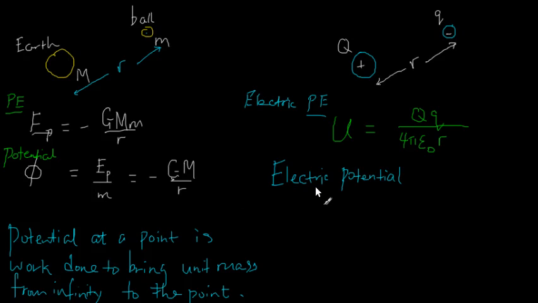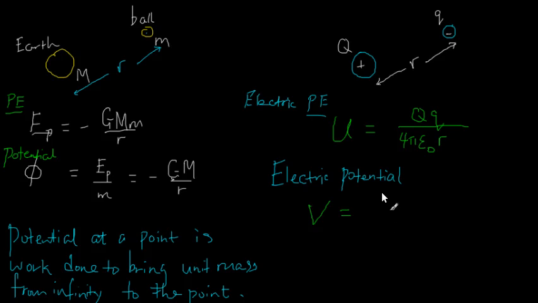In the case of electric potential, it's not the potential energy for unit mass anymore. So what is it exactly? I'll use the symbol V, which is normally used for electric potential.